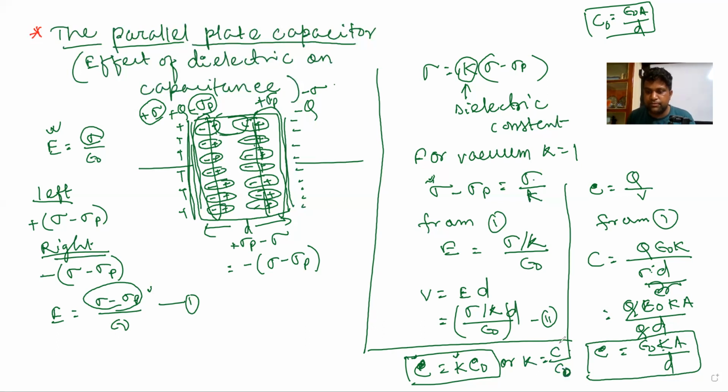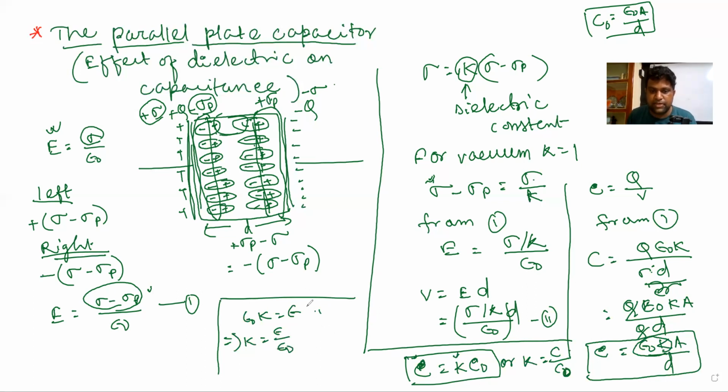Also, epsilon naught K we represent as the permittivity of that medium, the dielectric. We have kept the dielectric in free space, where the permittivity is epsilon 0. So epsilon 0 into K is epsilon, the permittivity of the medium, or you can say K equals epsilon by epsilon naught.